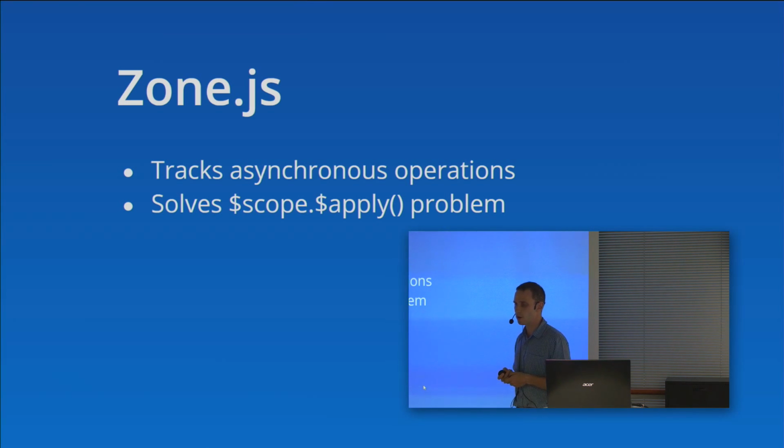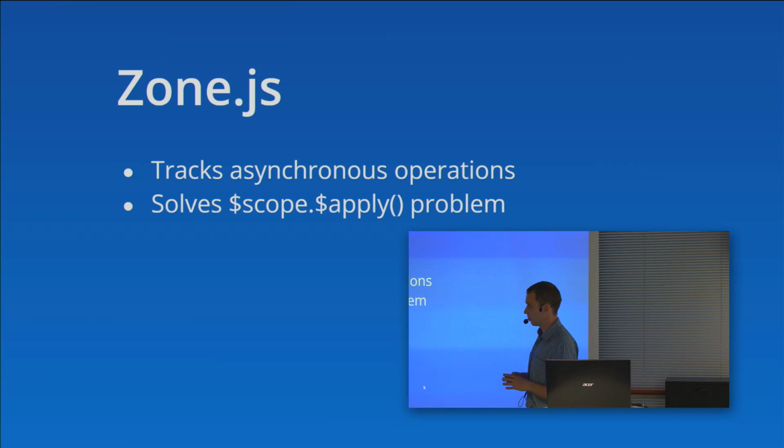So in Angular 1, we had to do something like $timeout. Or if we needed an event listener, then we would do scope $on and create an event listener. Why should we do that? Because otherwise Angular will not update the view after we do, for example, some event processing.